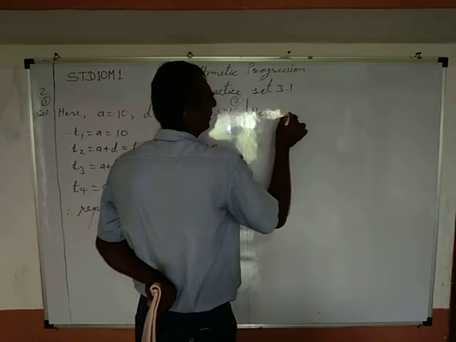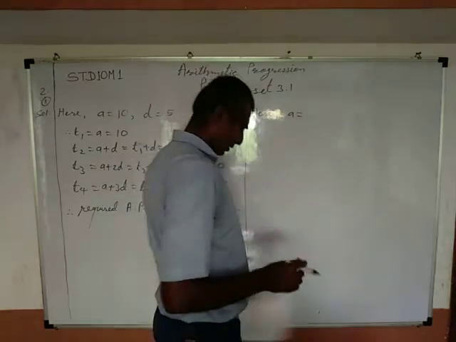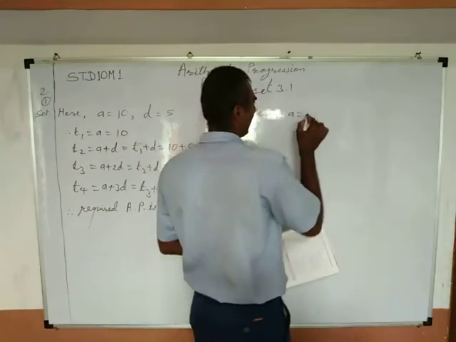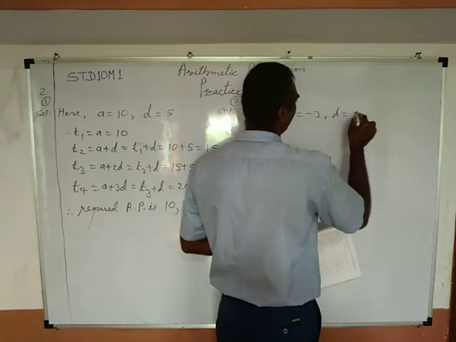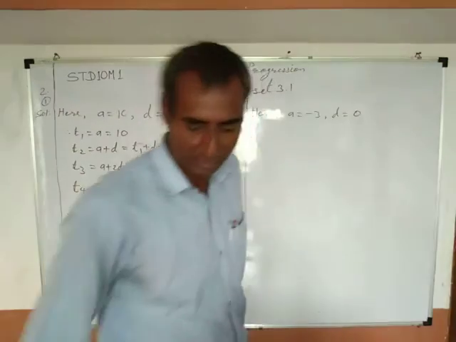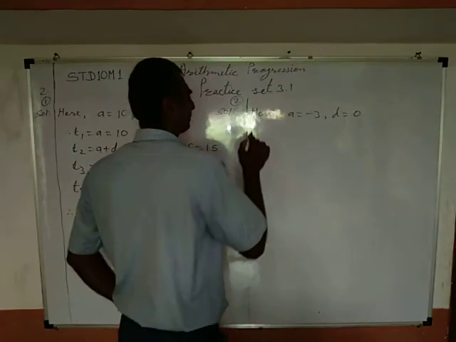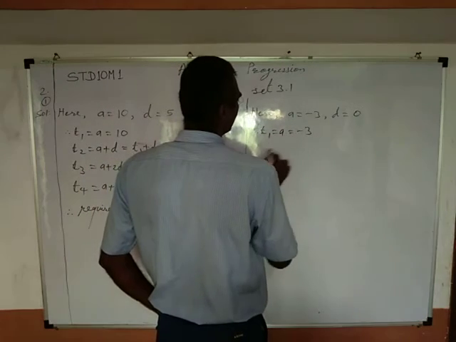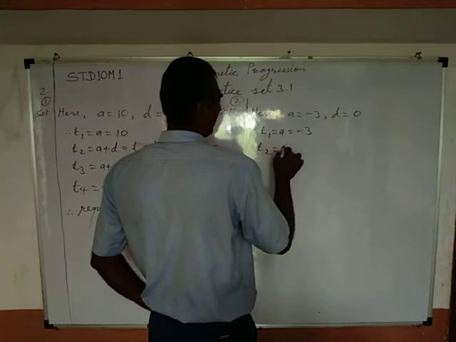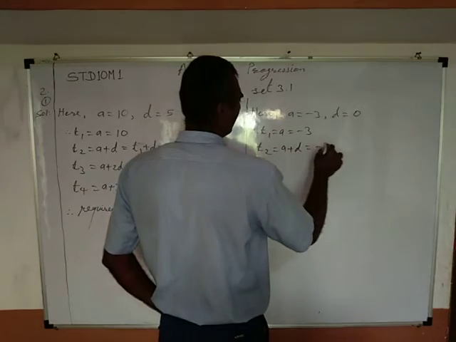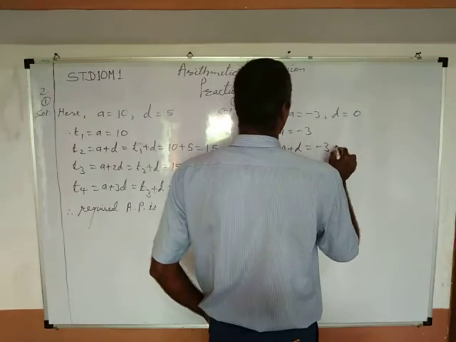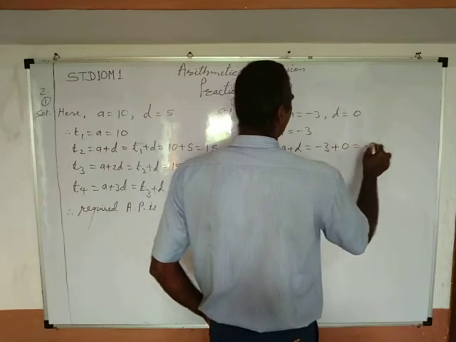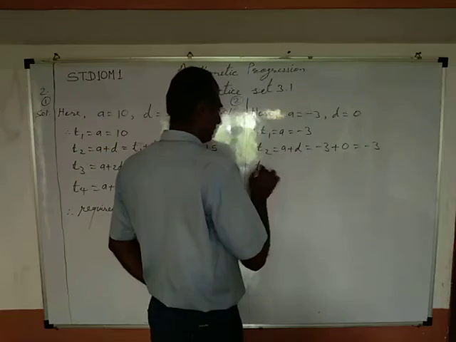Second solution. Here A equals -3 and D equals 0, and therefore T1 equals A equals -3, T2 equals A plus D equals -3 plus 0 equals -3.